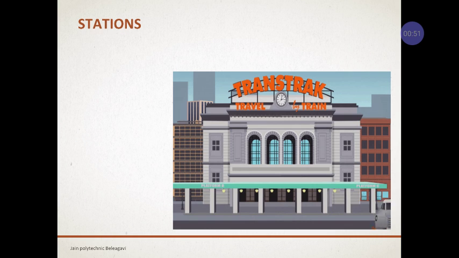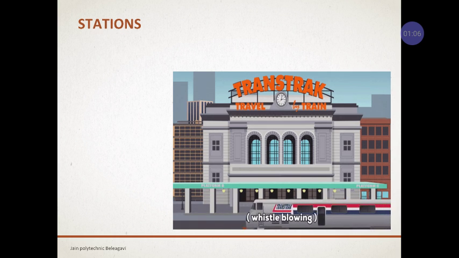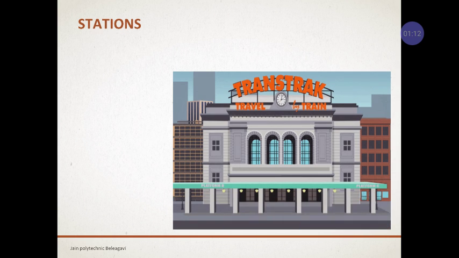So what is a station basically? Can anyone tell me what a station is? In simple words, a station is nothing but the place where passengers and goods are loaded and unloaded, right?